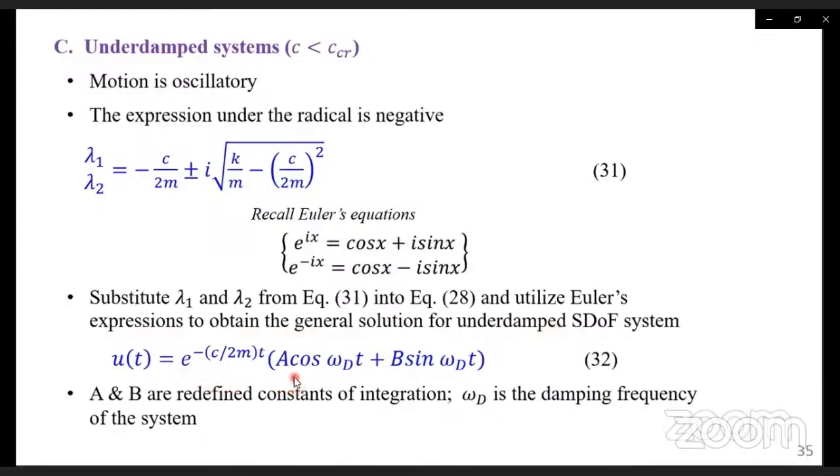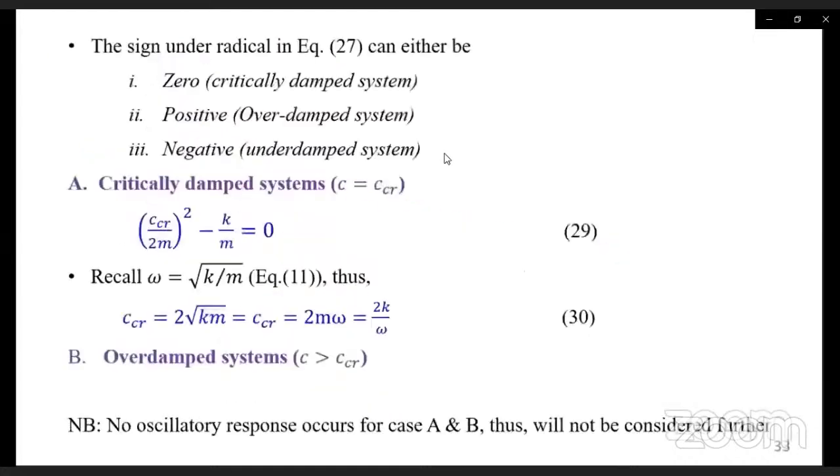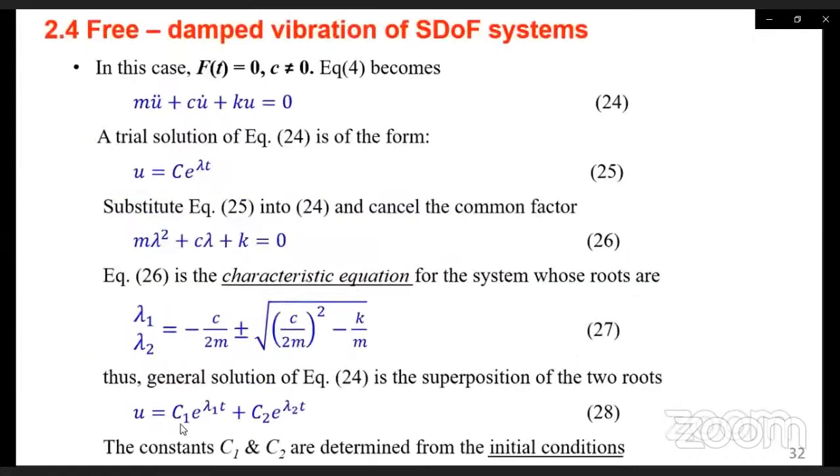And of course, we have the constants A and B, which are redefined constants. Remember in the first case, we had C1 and C2 as the constants. A constant is a constant.